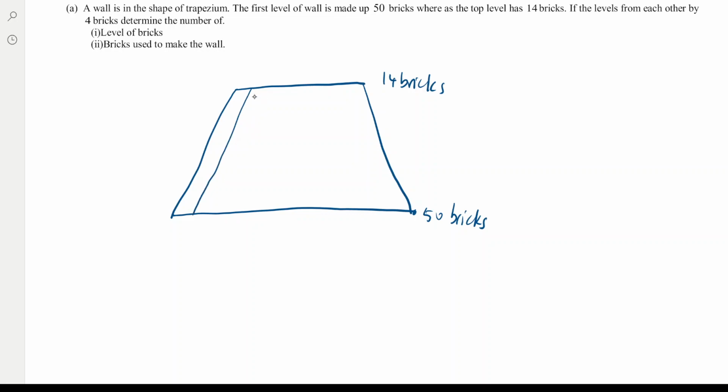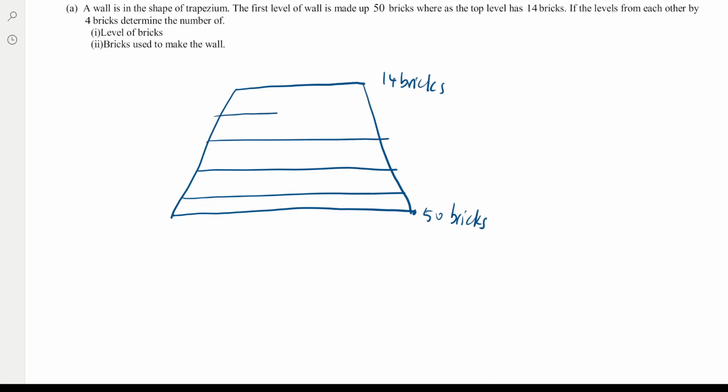Now, we have levels, but we don't know how many levels there are. So first, we have to look for the number of levels, dear students.